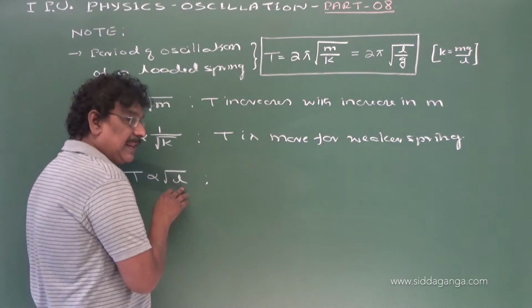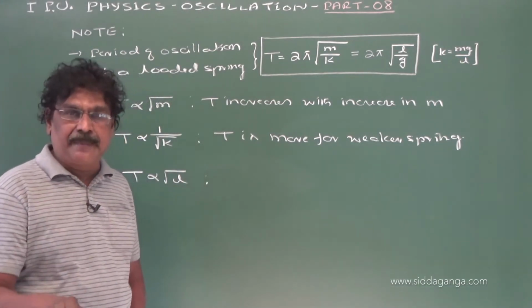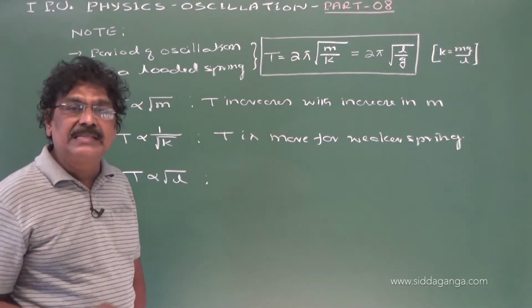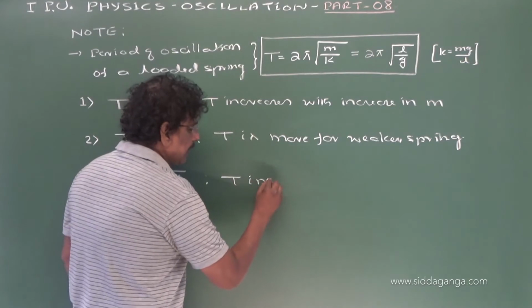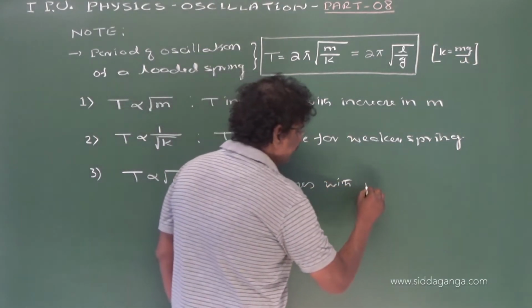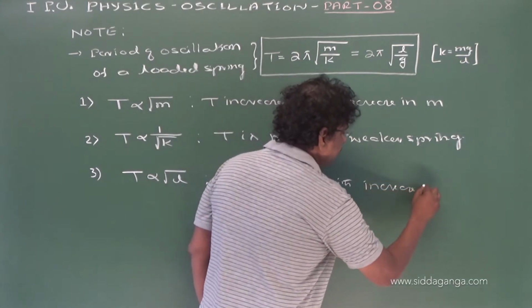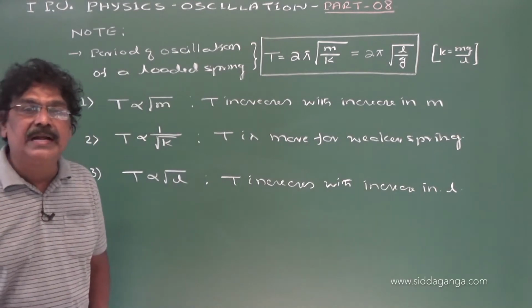Now the third one, T is directly proportional to square root of length, where L is the increased length of the spring when load is attached. So T increases with increase in length of the loaded spring.